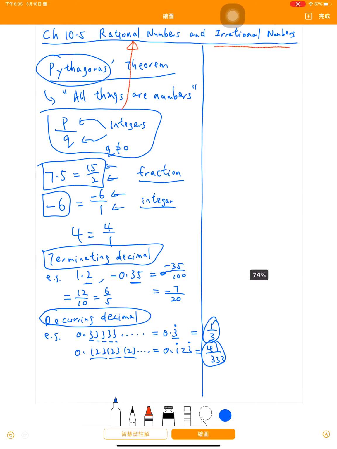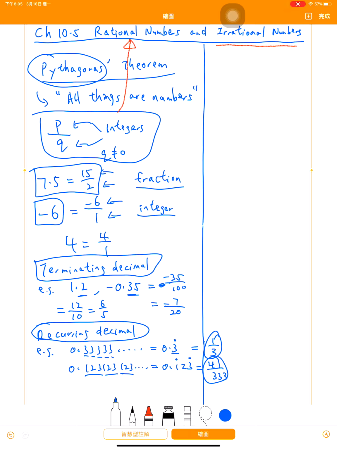So that means now we have these four: fractions, integers, terminating decimals, and recurring decimals, are all rational numbers. So how about irrational numbers? It seems that all numbers can be expressed in this format, right? In fact, the answer is no. For example, this chapter we mainly learn a new symbol, the square root.